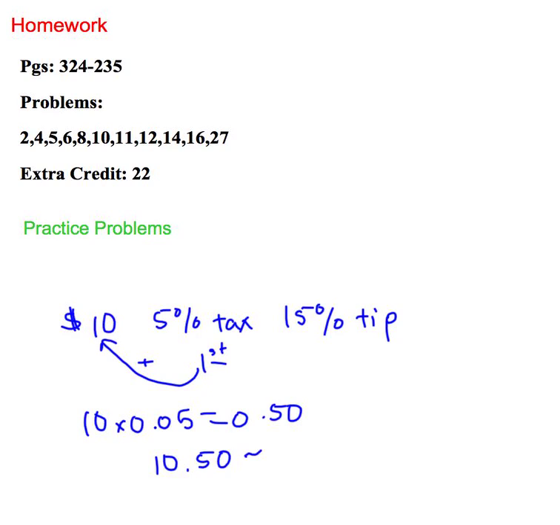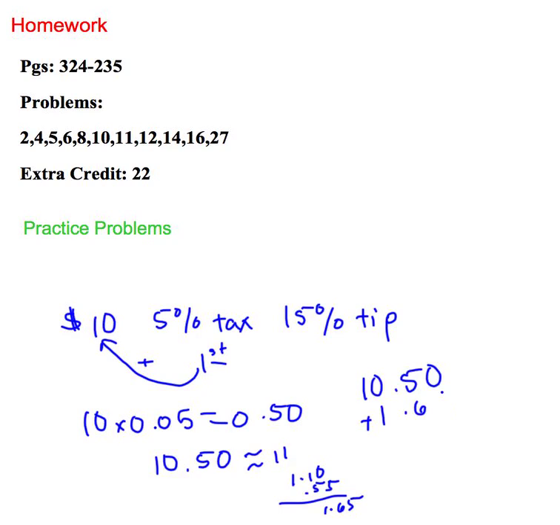Now, to figure out a tip, I could say that's about $11, and 10% is $1.10. Half of that is 55 cents. Put it all together, it's $1.65. So after everything is said and done, I'm going to pay $10.50, because remember the tax was 50 cents, so my total was $10 plus my 5% tax, $10.50.